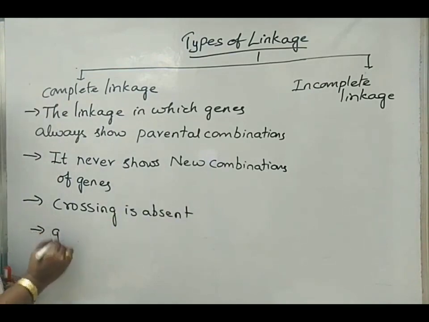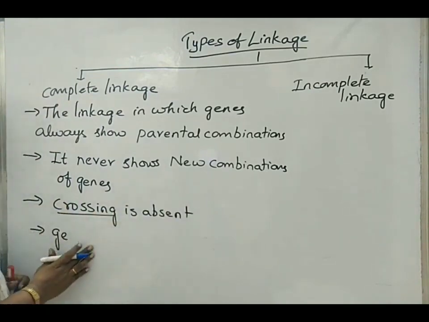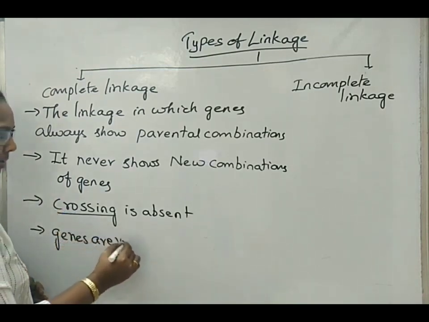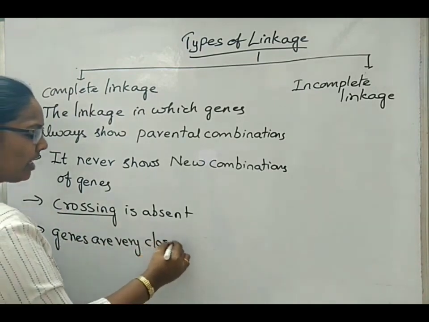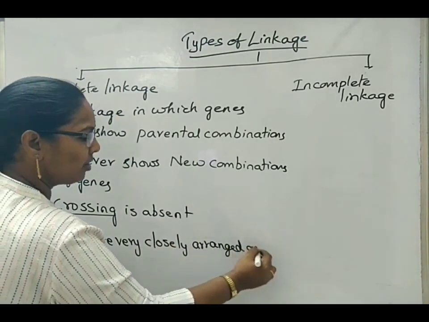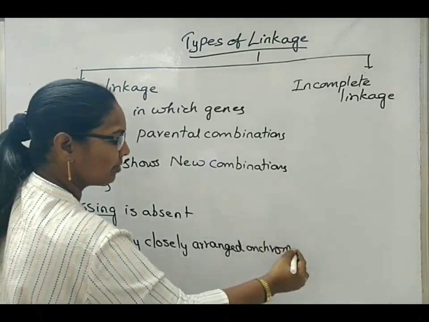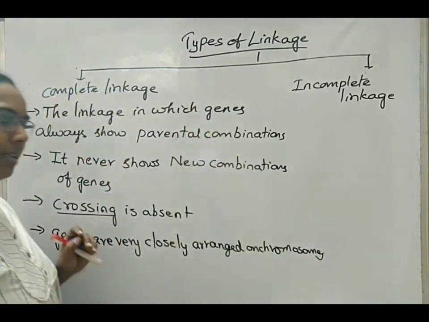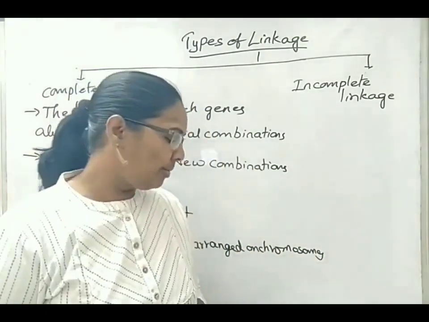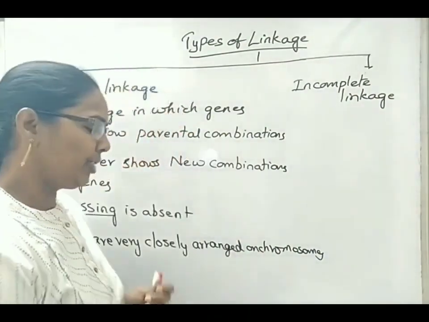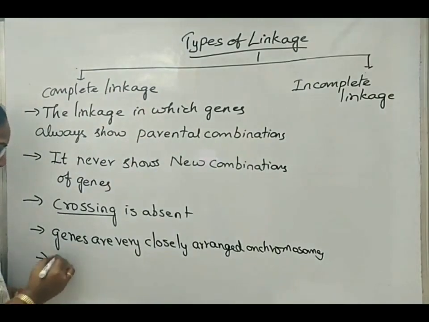Next, if crossing over is not able to happen, it means that the genes are very near to each other. Genes are very closely arranged on chromosomes. Basing on all these points, we can say that complete linkage is a very rare situation in the evolution or nature.